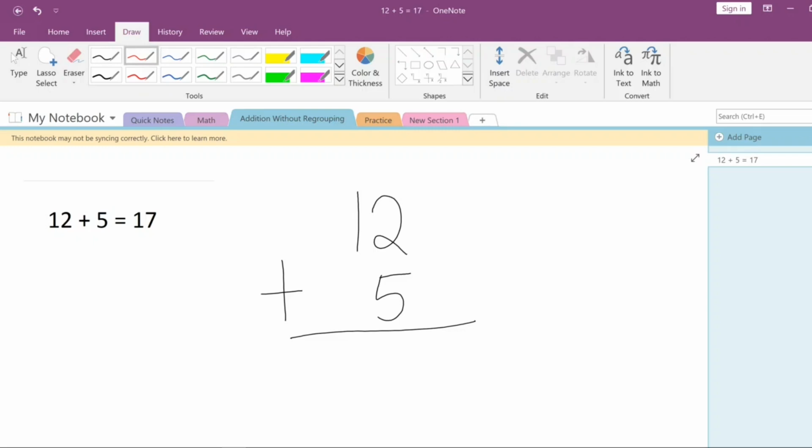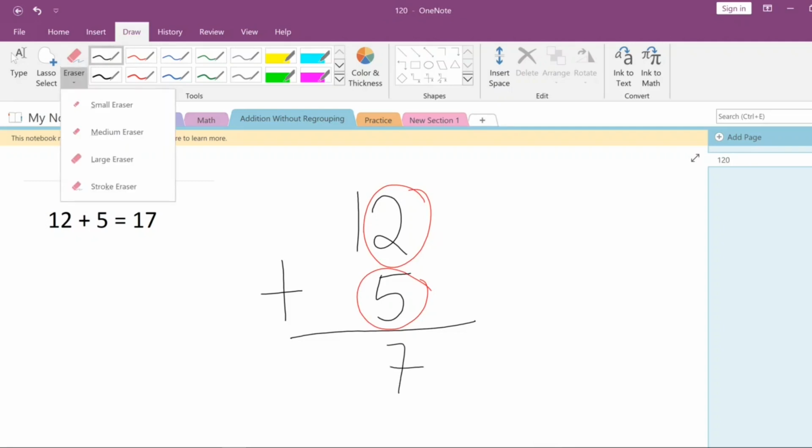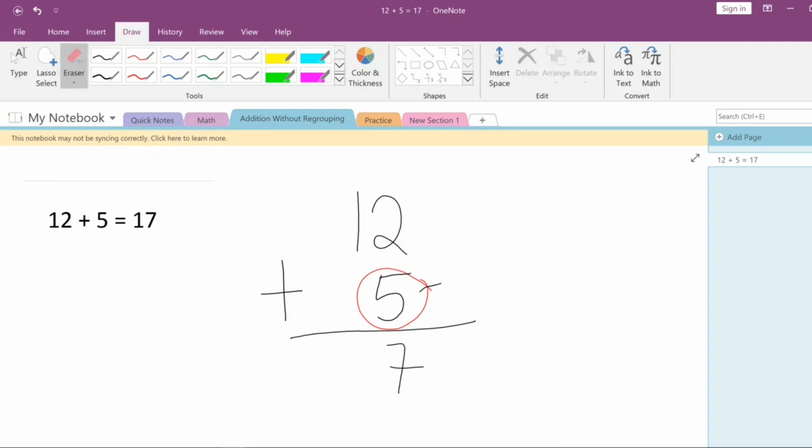Next, 2 plus 5 equals 7. Now, we have another number which is 1. And because 1 plus nothing is 1, just pull down the 1 and write 1 next to 7.